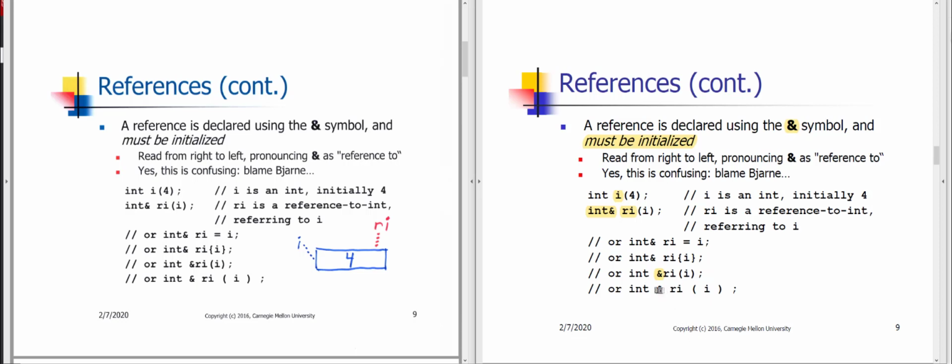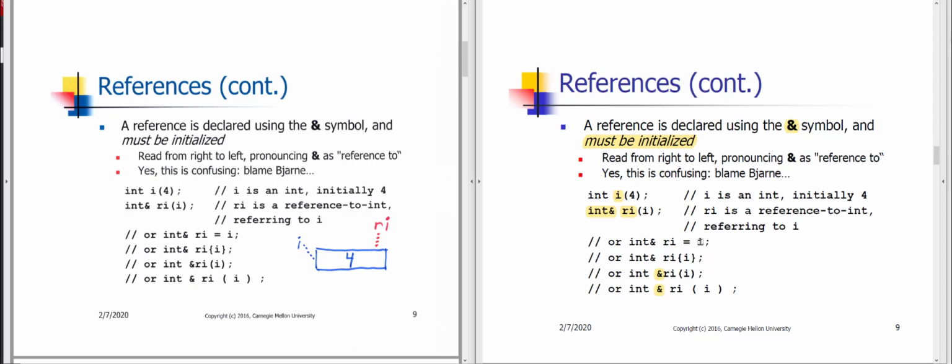And for that matter, I could have put spaces on either side of the ampersand. But the point here is that these notations are all the same. They say that Ri is a reference to an int. We must initialize Ri, and we have 3 different choices of initialization notations.